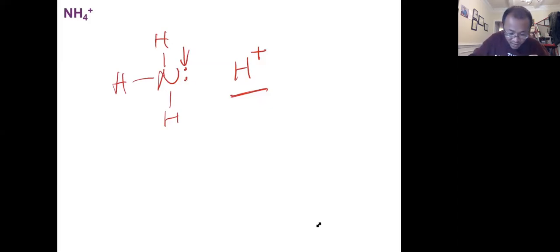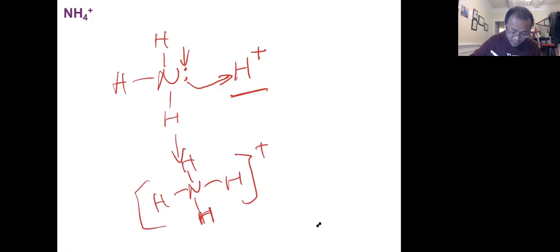So when N and H plus make a new bond, this bond is what we call a coordinated covalent bond, because nitrogen can donate these 2 electrons to make a new bond with the incoming hydrogen plus. So we end up with NH4 plus.